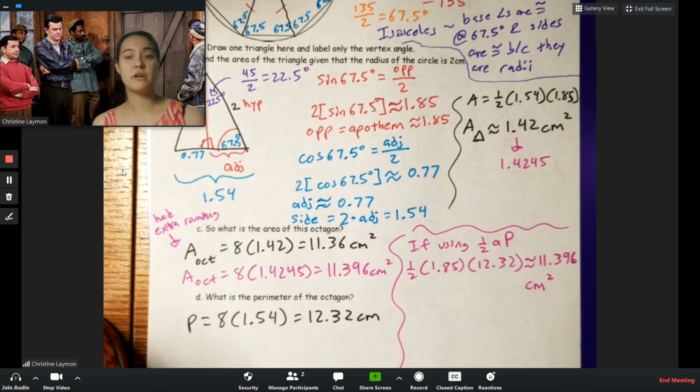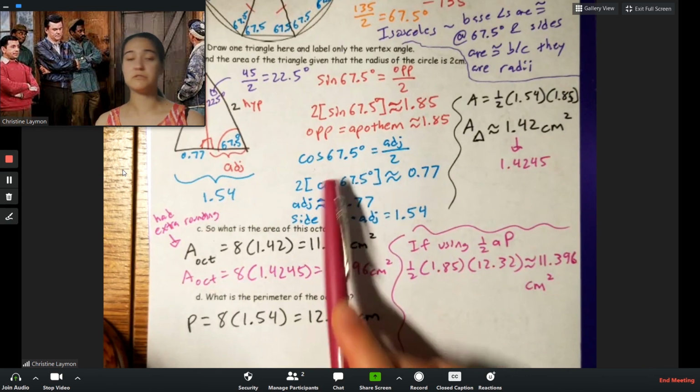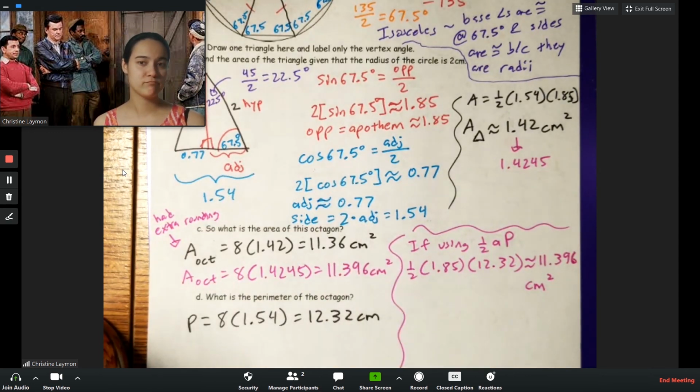And that's why it's important to pay attention to what values you have. So to be the most exact, you don't want to round until the very end, which means if I wanted to be as exact as possible, I would have left the stuff in terms of cosine until the very end. In an assignment, I'll probably either give you multiple values or I'll specify what method to use and when to round to.